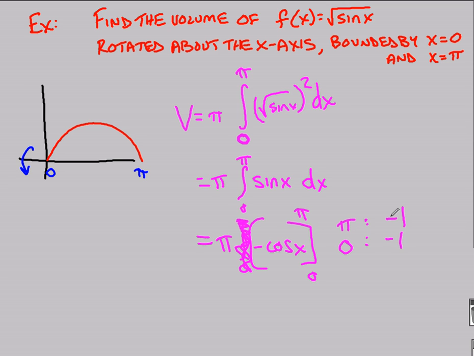We want the opposite of that, so that's positive 1. When I plug in 0, cosine of 0 is 1, so negative 1. So we need to do positive 1 minus a negative 1. So that equals 2, and it's 2 times pi. So my answer for this volume is 2 pi cubic units.